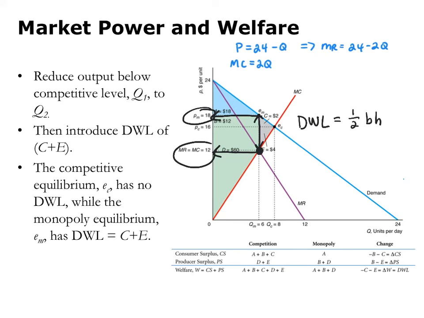To find this number, plug the monopoly's quantity into either marginal cost or marginal revenue. For example, here the quantity is 6, so the value of marginal cost is 2 times 6, which is 12. Now we have what we need to form the height. Here the height of the triangle goes from 12 to 18, which is a height of 6.